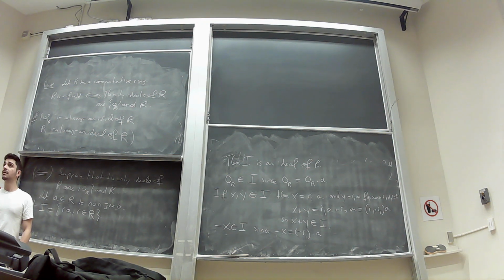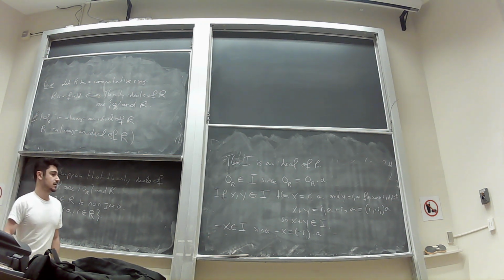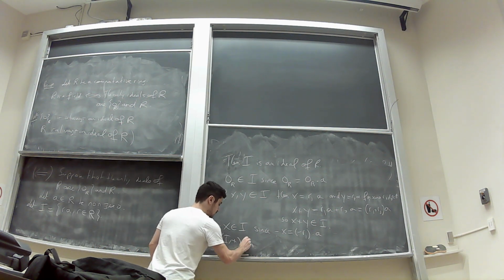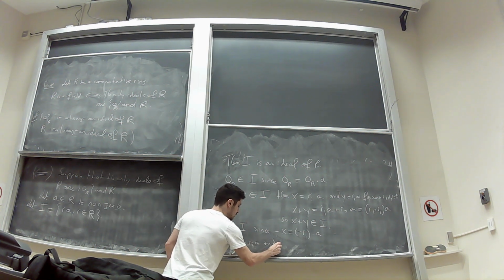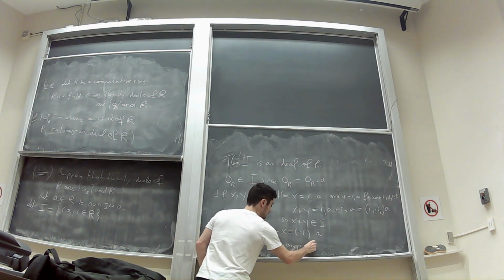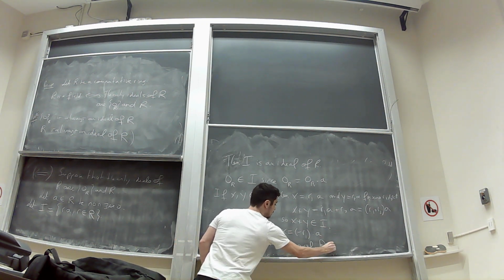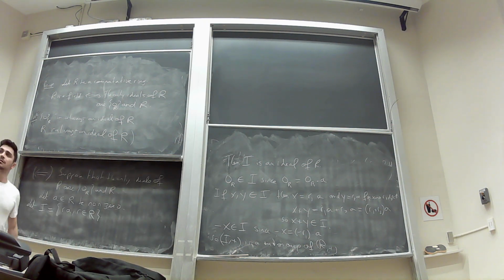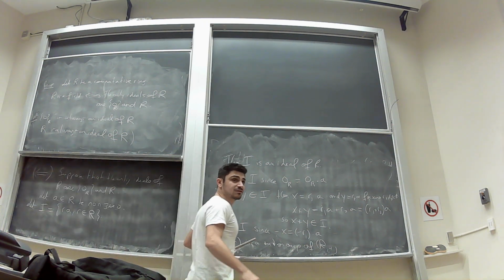Is that clear? Everybody, any questions? So I is a subgroup of R under addition. Great. I need it to be an ideal, so I need the second condition to be met.